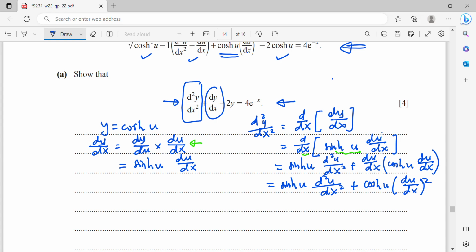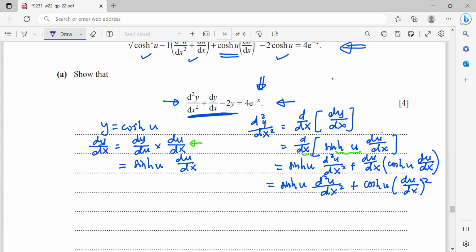Okay, so once you have obtained these two expressions, we substitute into the left hand side of your second order differential equation and make sure we can show that it is 4e^(-x).